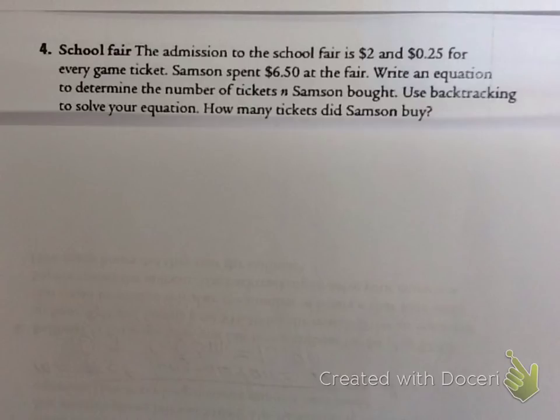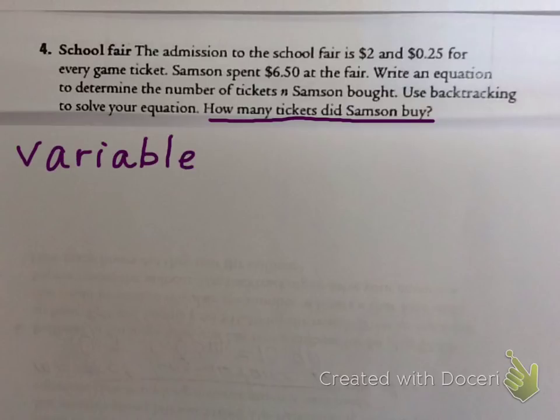Again, we read the problem, so now we have to decide what we are trying to find out. I'm going to underline the question. If you have the worksheet, you should underline the question on your worksheet. Now I need to decide on my variable. I need to know how many tickets Samson bought. Do I decide on a variable myself, or did the problem give me one?